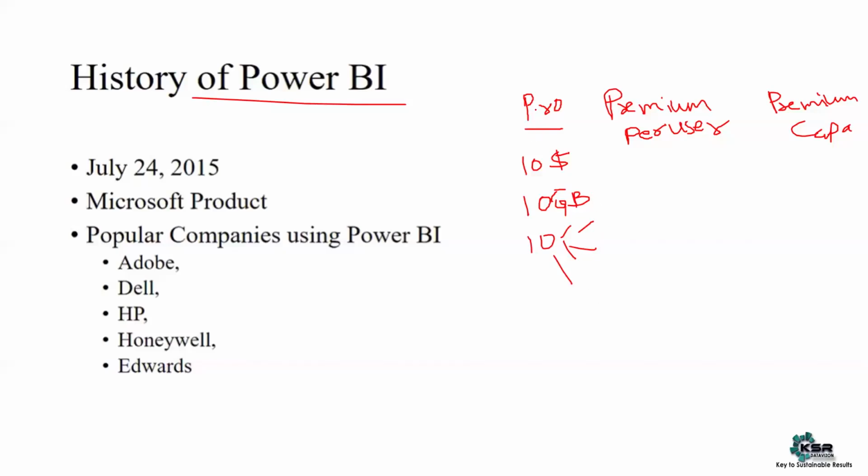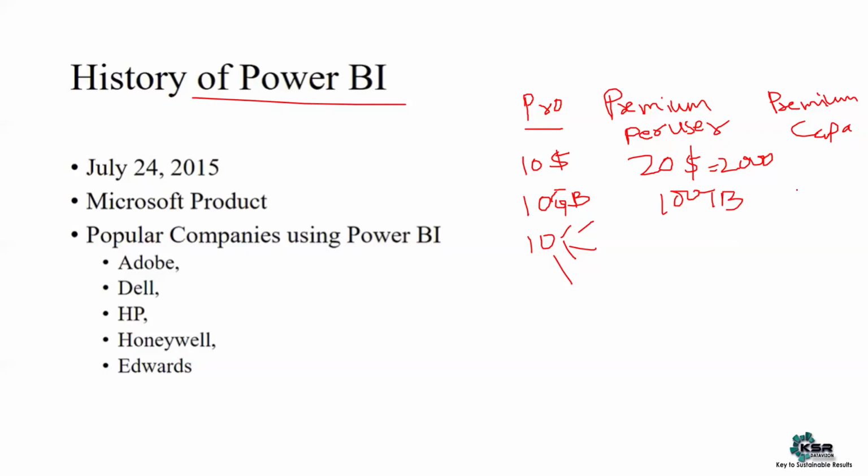Now, this is just a mere comparison. If you go with Premium per user, which is $20, in India it is 2000 in Indian rupees, so here, if you compare, it would be a flat 100 TB.